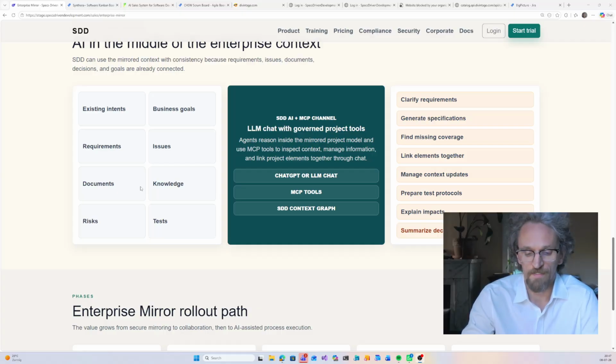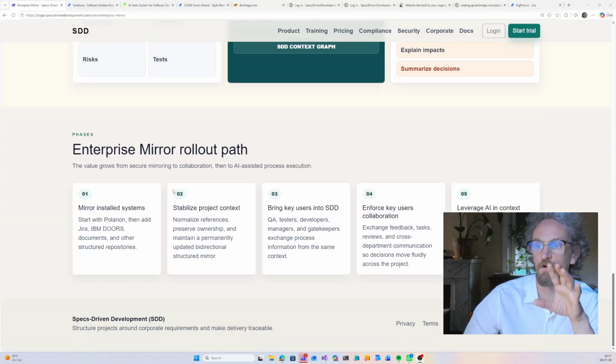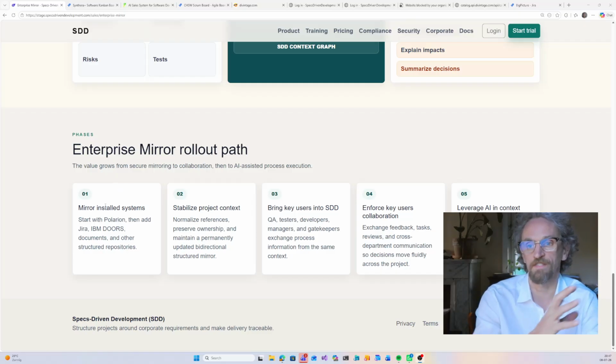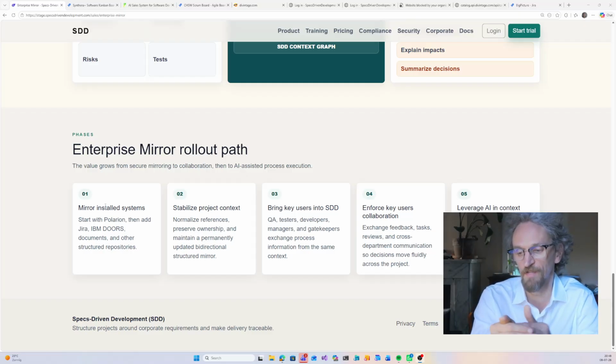And then starting on all of that, we have an ecosystem that manages all of that. And I want to go back to the idea of the enterprise mirror rollout, because we have this existing data that you want to conserve because you trust this system that you use maybe for 15 years.